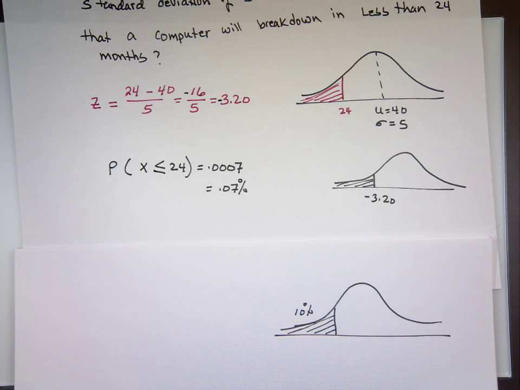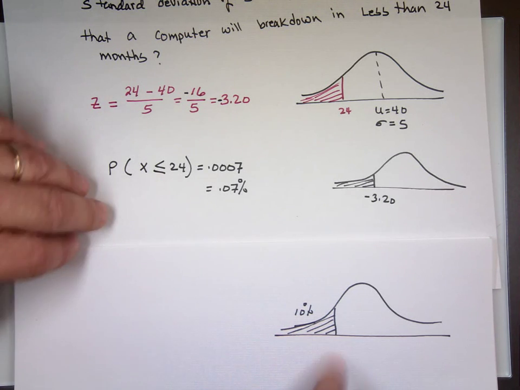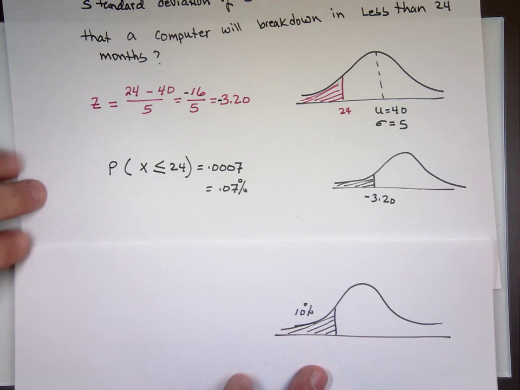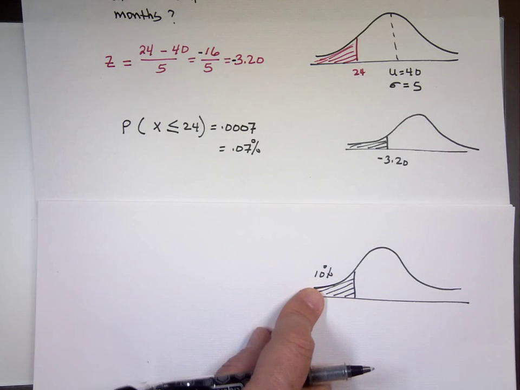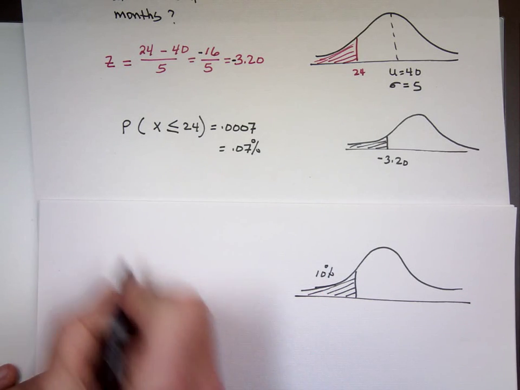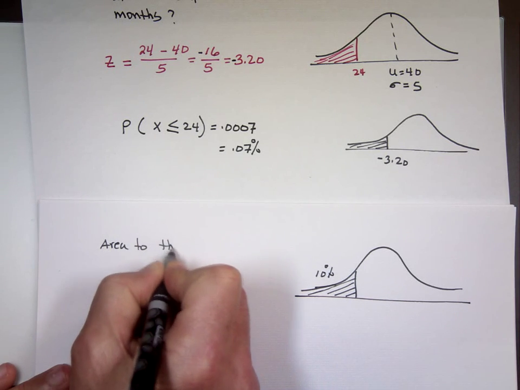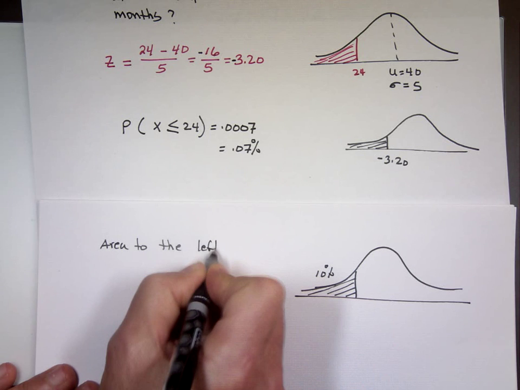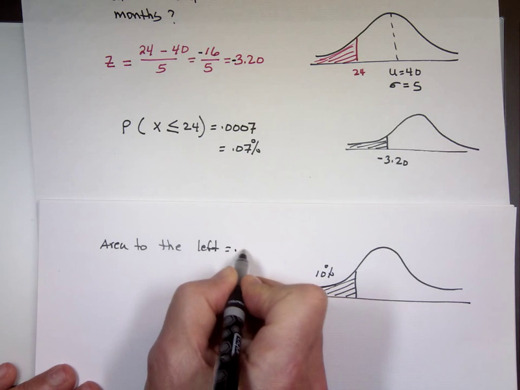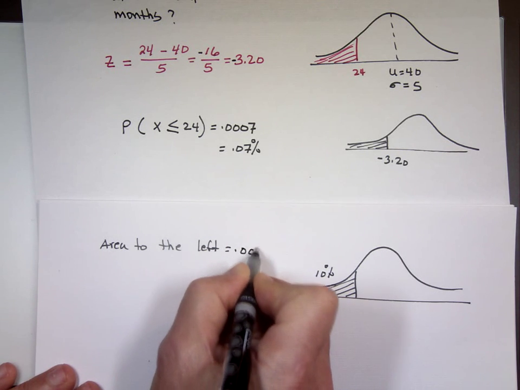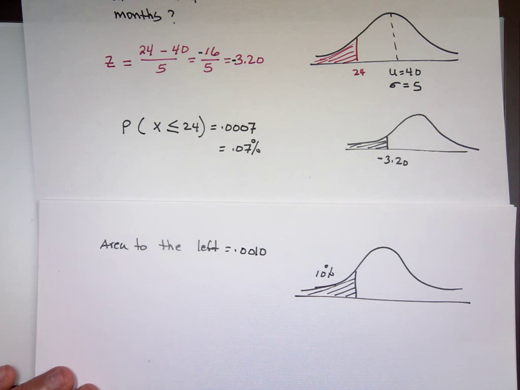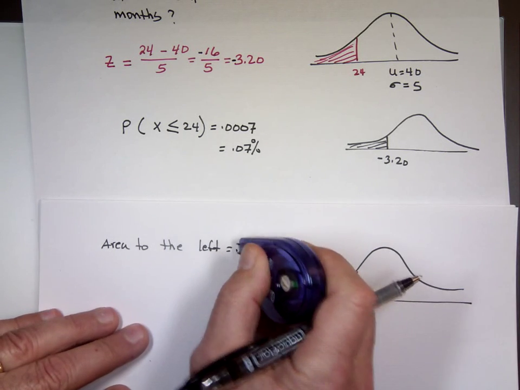Negative 3.1. 10% here. So you want that number to be 10%. So the area to the left equals 0.100, not 0.0010.